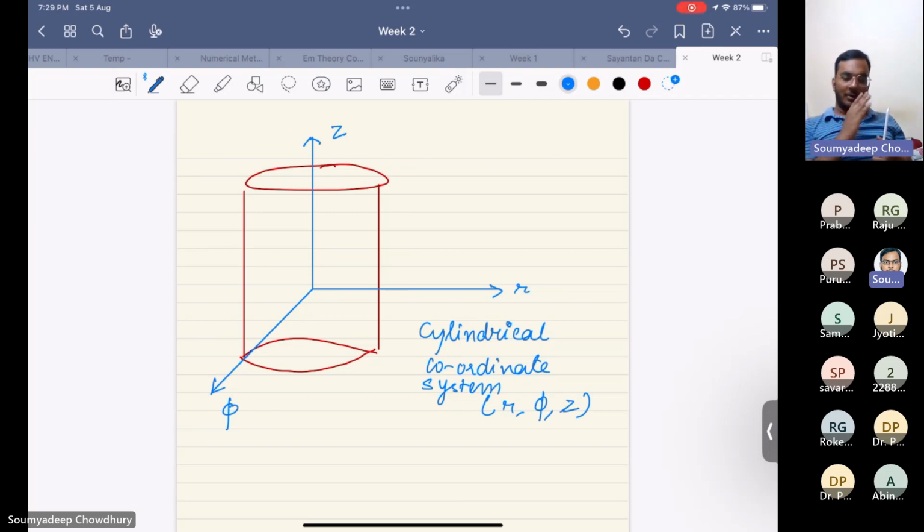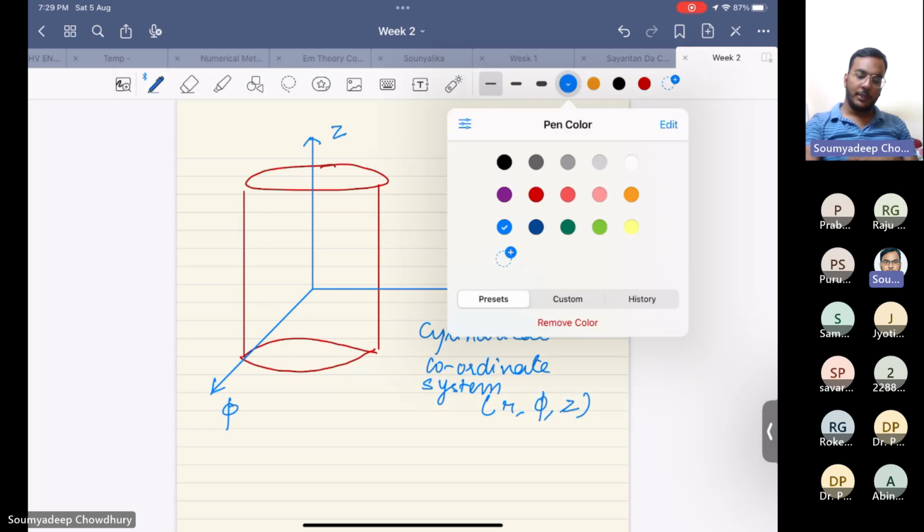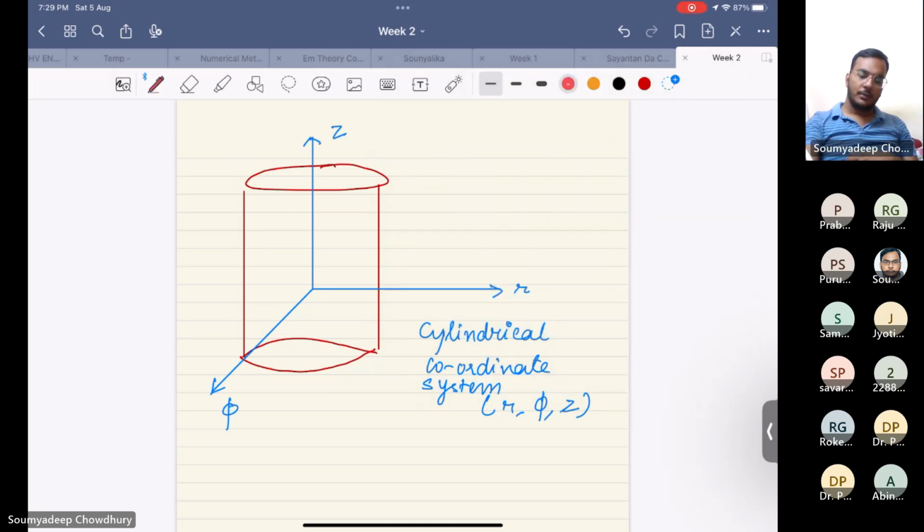Suppose this cylinder is there. I am identifying a point, say here, suppose P. So if you imagine a plane which is bisecting this cylinder midway, you need to understand this point.